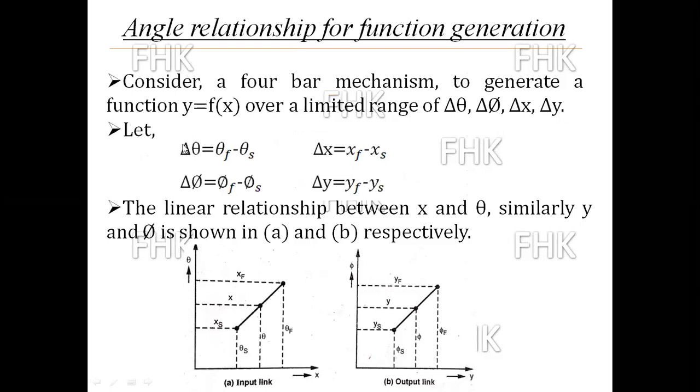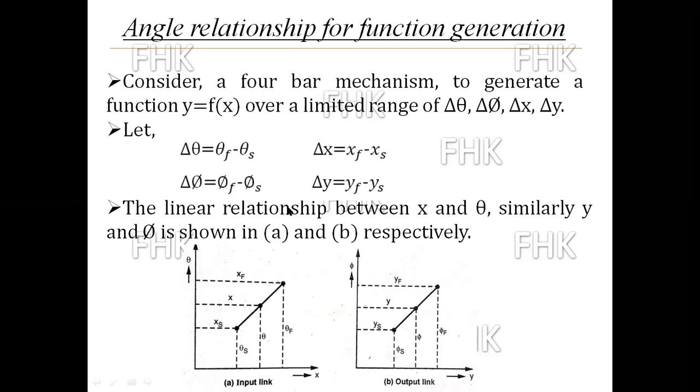So delta theta is equal to theta final minus theta starting. At the same time, delta phi, which is the inclination of output link with fixed link, is equal to phi final minus phi starting.